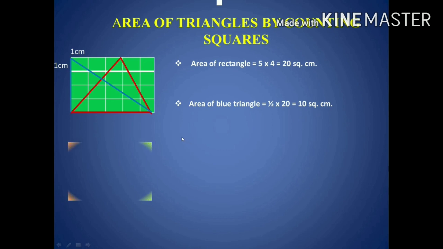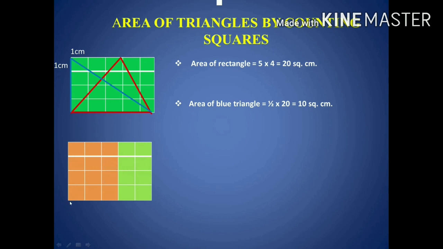Now we take this rectangle to find out the area of red triangle. So first we divide this rectangle into two rectangles, orange rectangle and green rectangle.